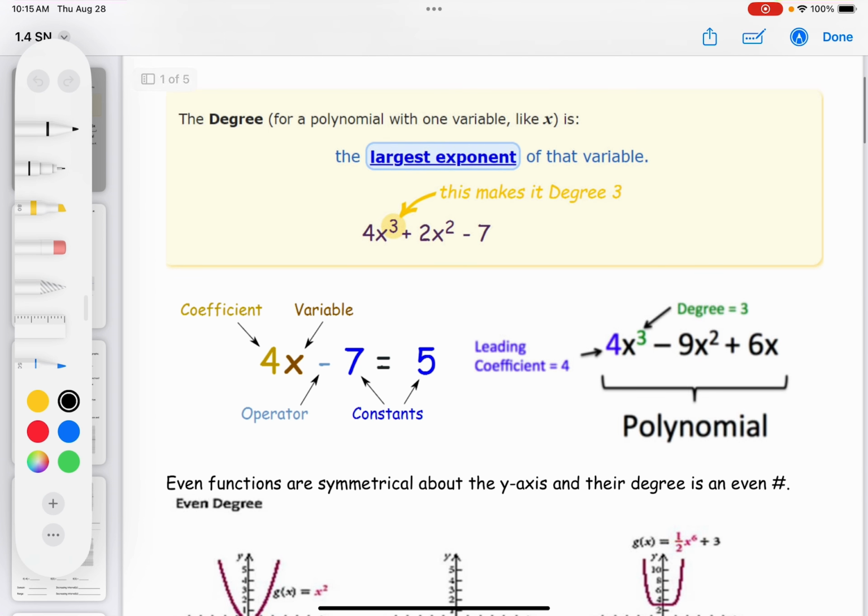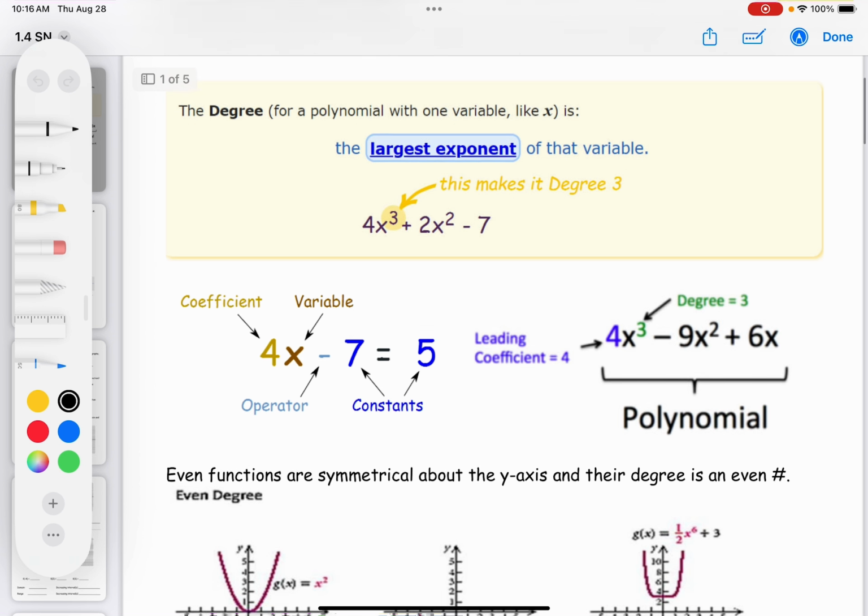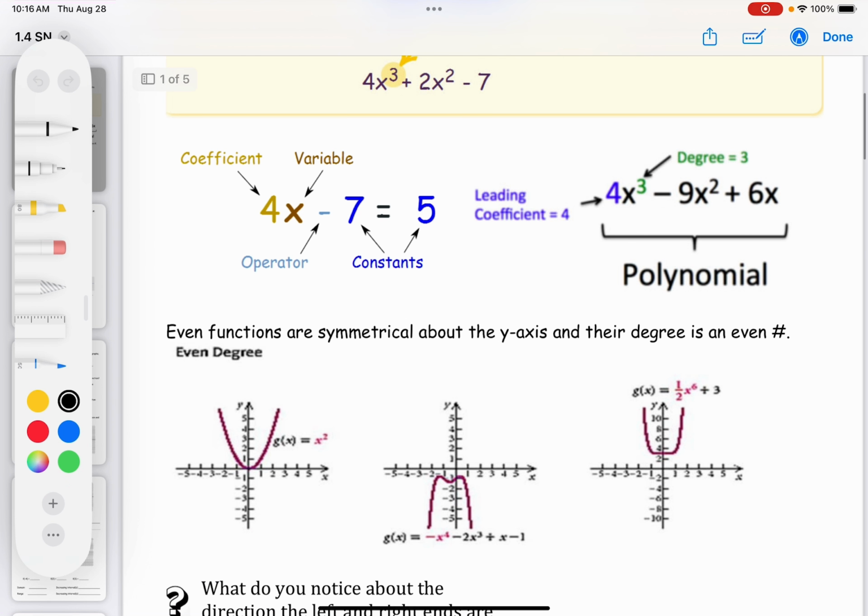So the first thing we want to look at in a function is the largest exponent, and we determine the degree of the function by the largest exponent. For instance, this one has an exponent of 3, so it's a degree 3. Just to clear up some terminology, a coefficient is the number in front of a variable.